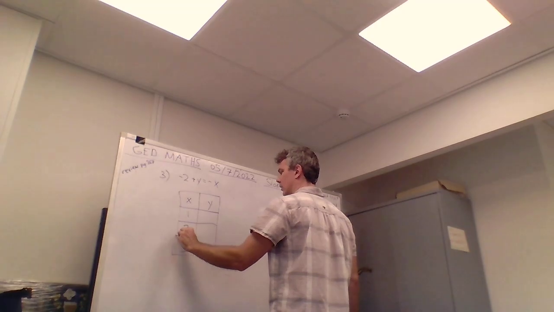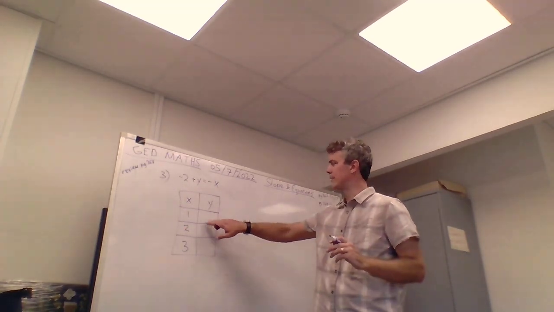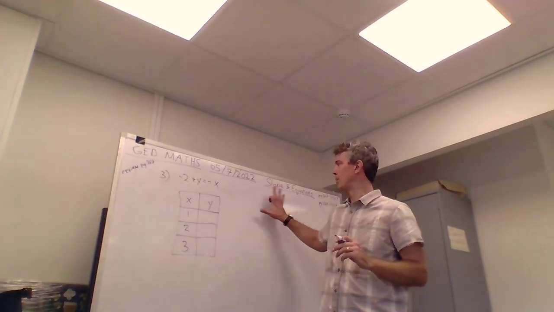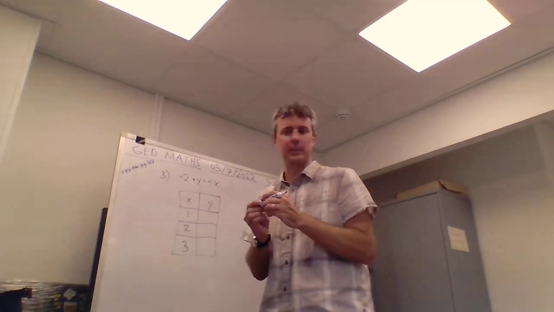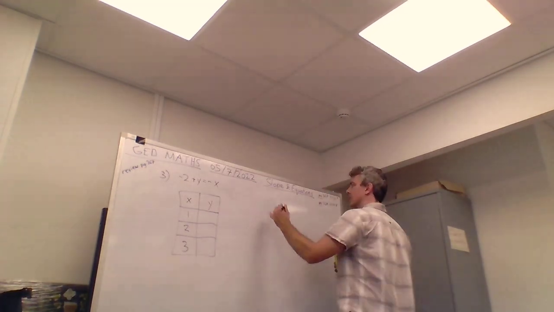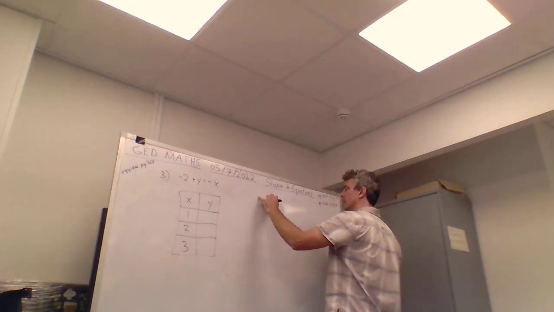So what you need to do is you fill in these values, and then you plot it on the chart, and then you draw a line through it. It's basically the way to solve these. So let me draw a line here.